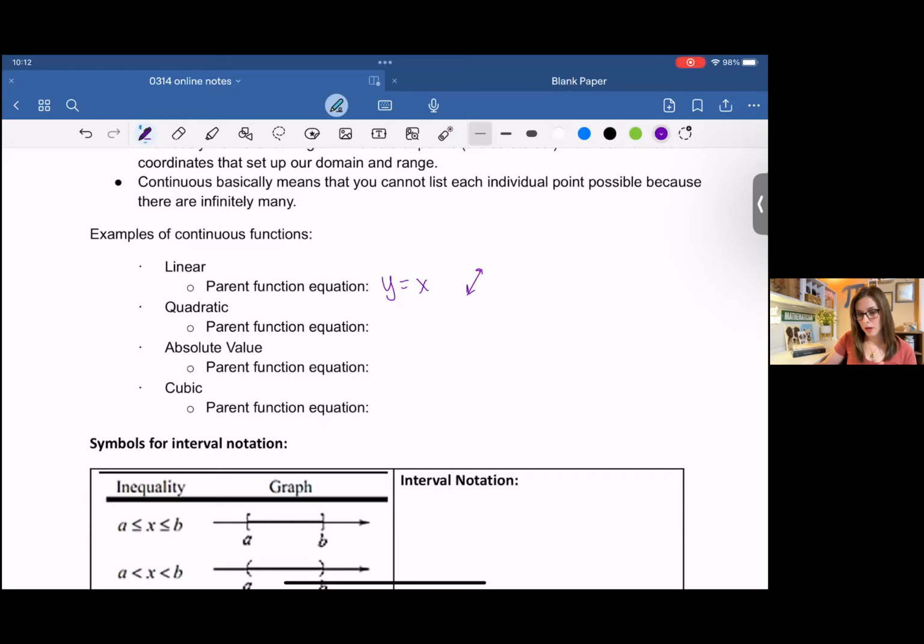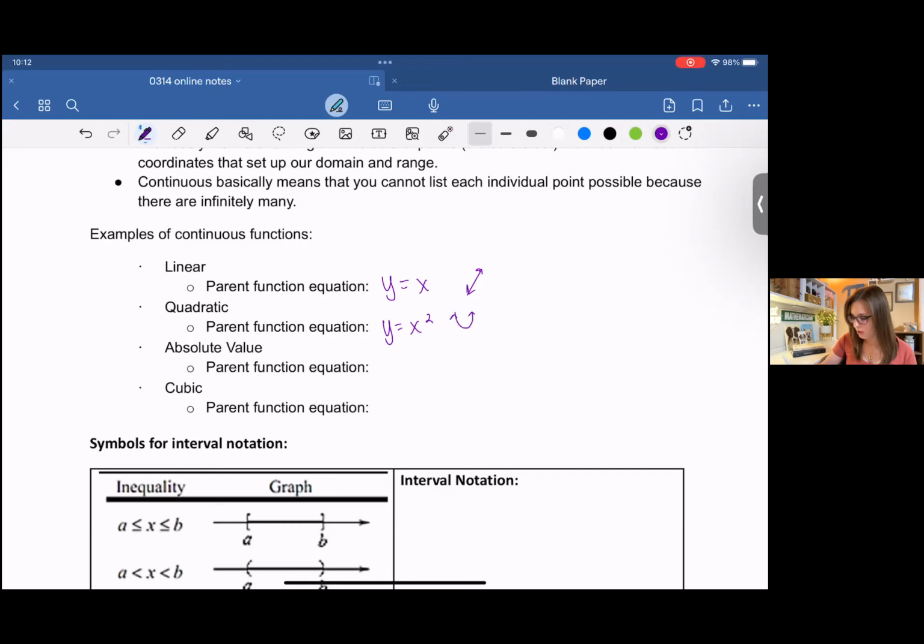And then the quadratic parent function is x squared. And again, you can add on stuff to that: 3x squared plus 4, 1/2 x squared, anything where x squared is in its simplest form. That's the parent function of a quadratic, and it is a U-shaped graph.